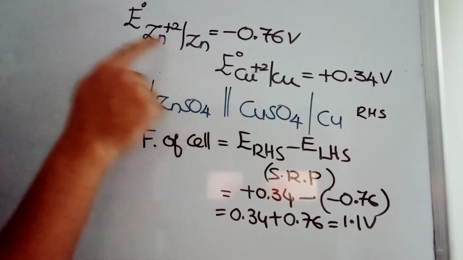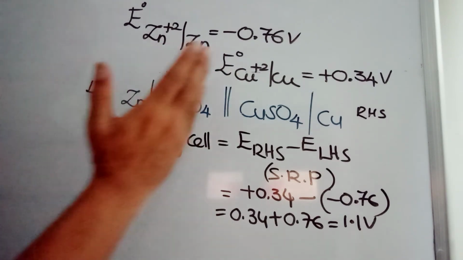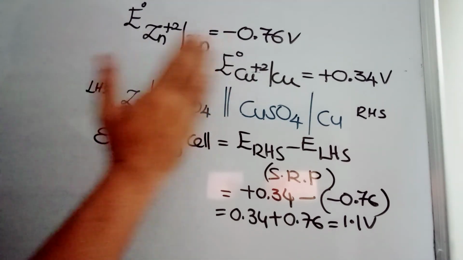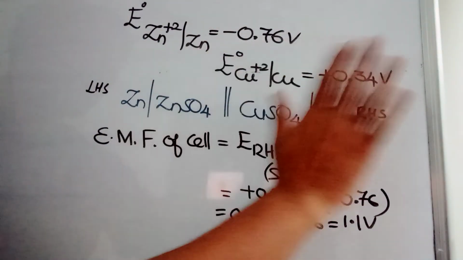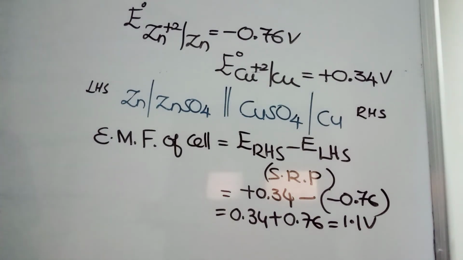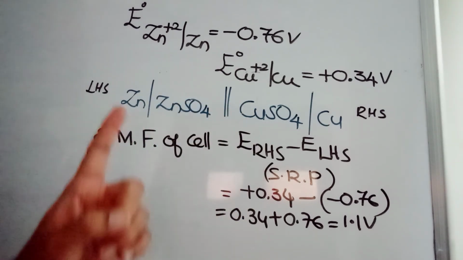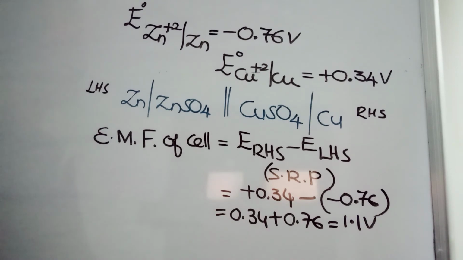In your representation of the cell, the left hand side must always be oxidation and the right hand side must always be reduction. In this way you can calculate any cell, but this is applicable only when the concentrations given are 1 molar, that is, unit concentrations. If the concentrations are different, then you need to apply the Nernst equation. We will discuss that Nernst equation next session.